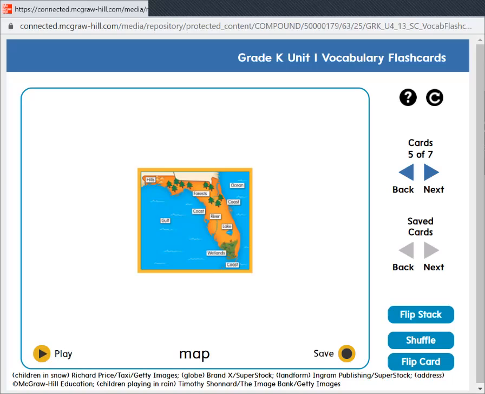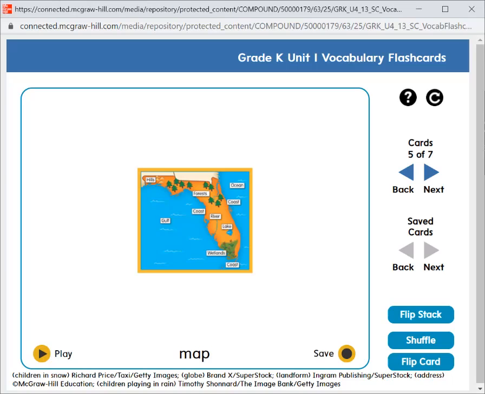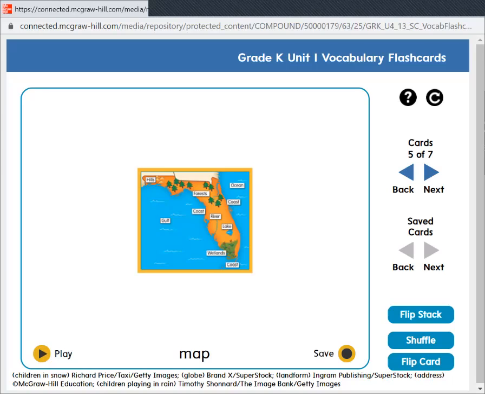You could make a map of your home and you could label it with the different rooms in your home. You could make a map of a school. You could make a map of any location you want to and just label all the different locations on your map. So this is a map.